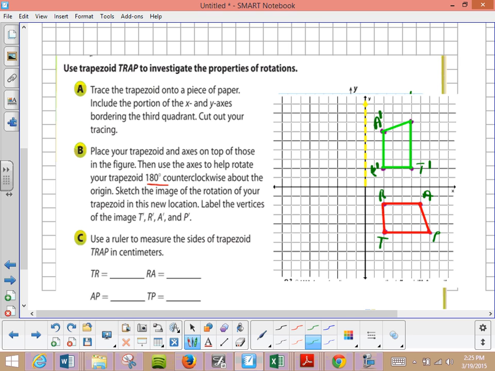And P. And that's P prime. So if I want to rotate the image now, the one with the primes, I want to rotate it 90 degrees. What do you think it will land? What do you think this part will be facing? This direction, right? Because you turn. So go ahead and do that on your own.